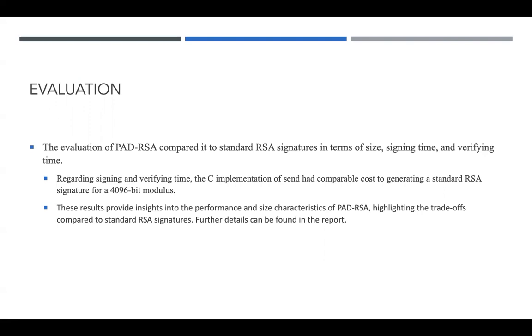The C implementation had comparable cost to generating a standard RSA signature for 4096-bit moduli. These results provide insights into the performance and size characteristics of PAD RSA, highlighting the trade-offs compared to standard RSA signatures. Further details can be found in the report.